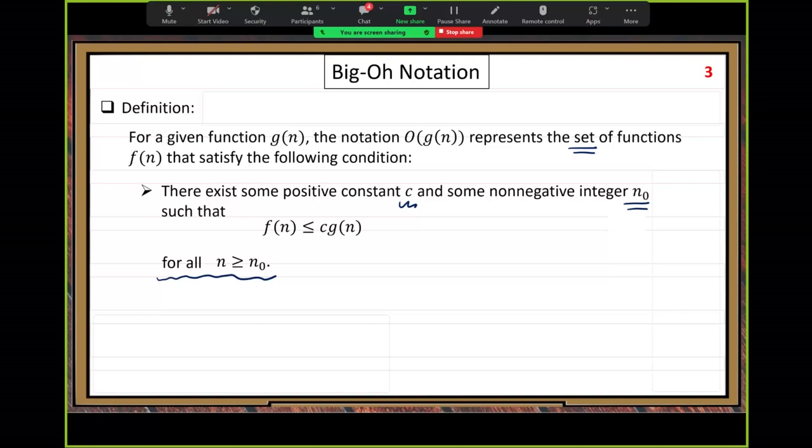That's the full definition of big O notation.